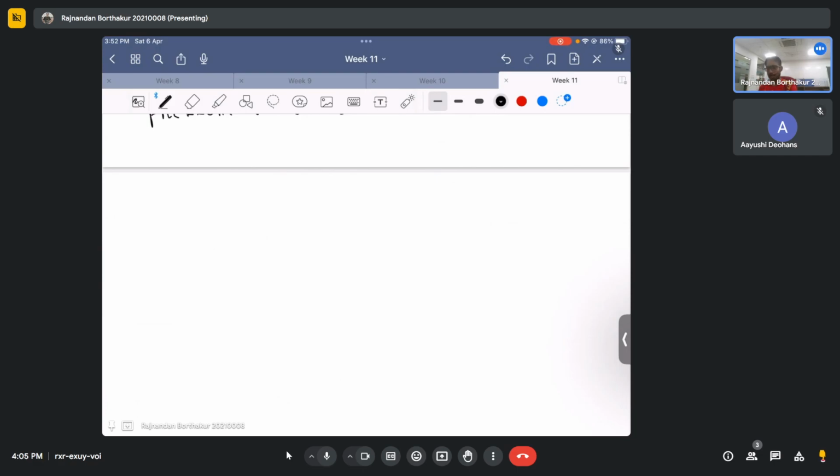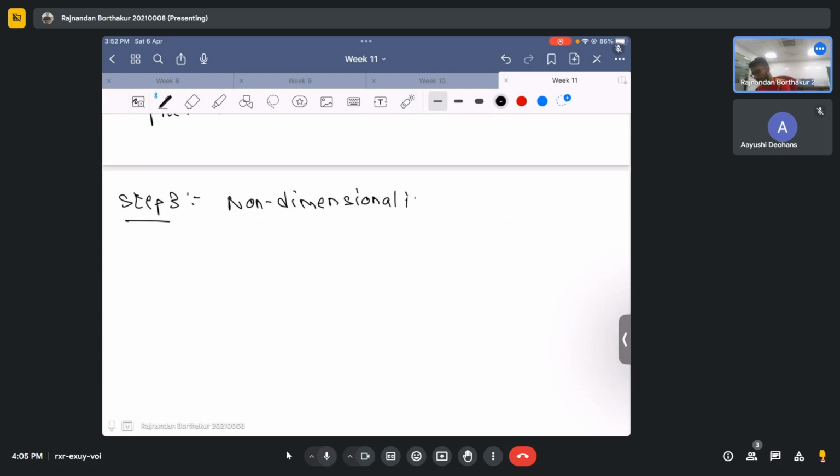We'll do a non-dimensional analysis, and this essentially helps us, and we will see this. So I'll say the third step is to non-dimensionalize the equation.